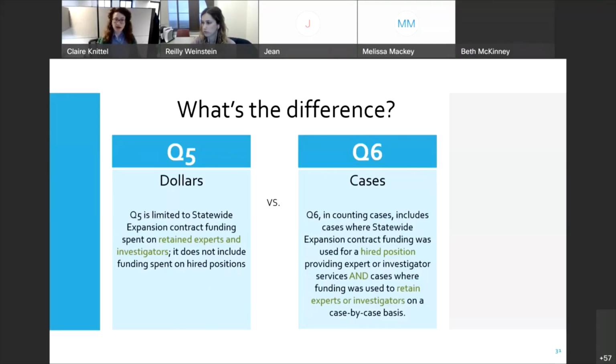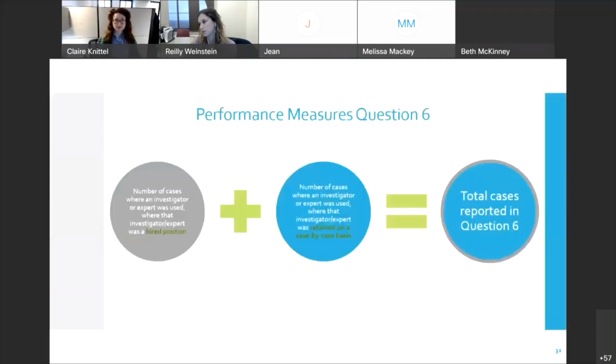If your investigator was hired as a position that you reported in question 3, you want to count that in question 6. If your investigator was hired for one particular case and you paid them out of your NAPS line, and then they no longer have a relationship with the office after that case, as an example, you want to report that case in question 6.